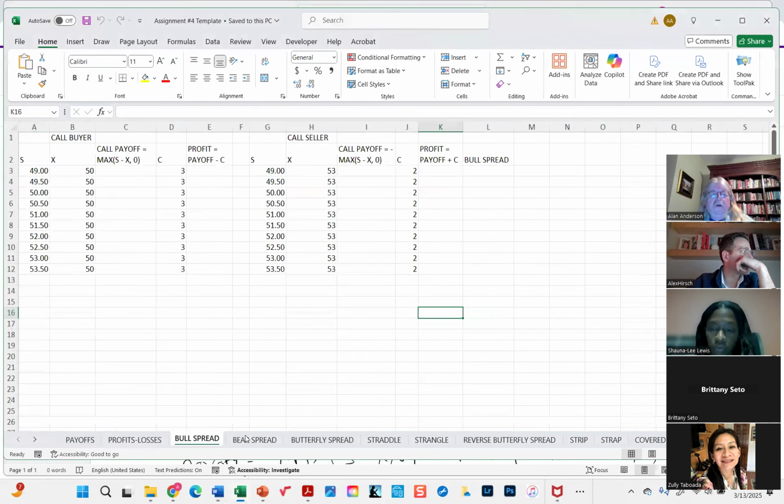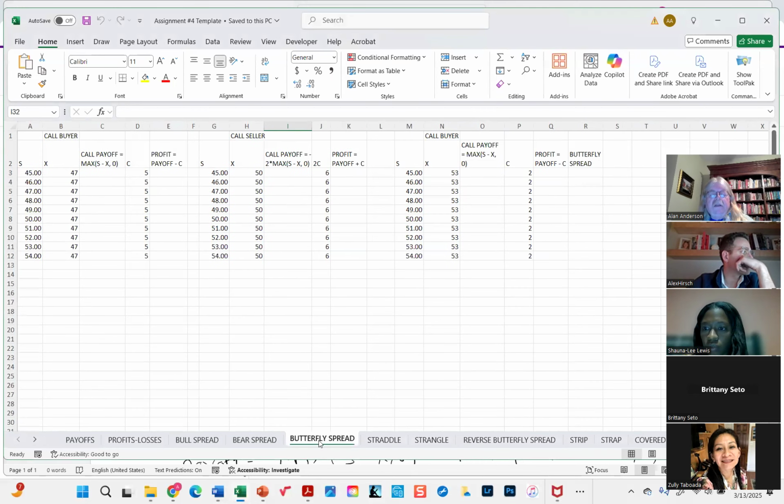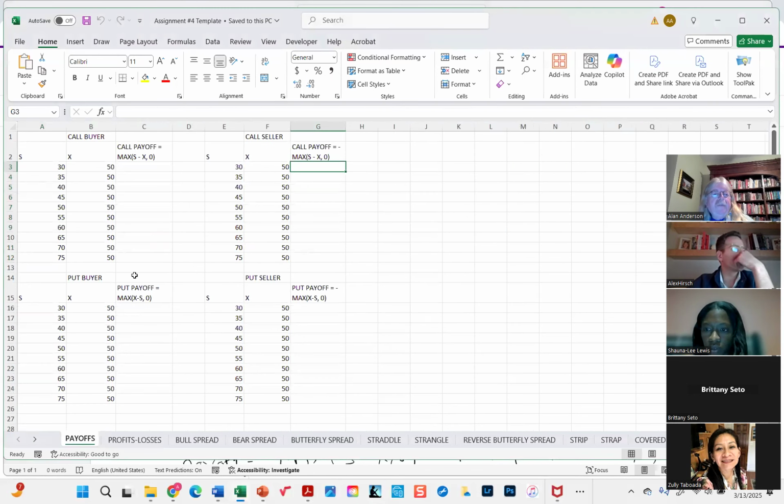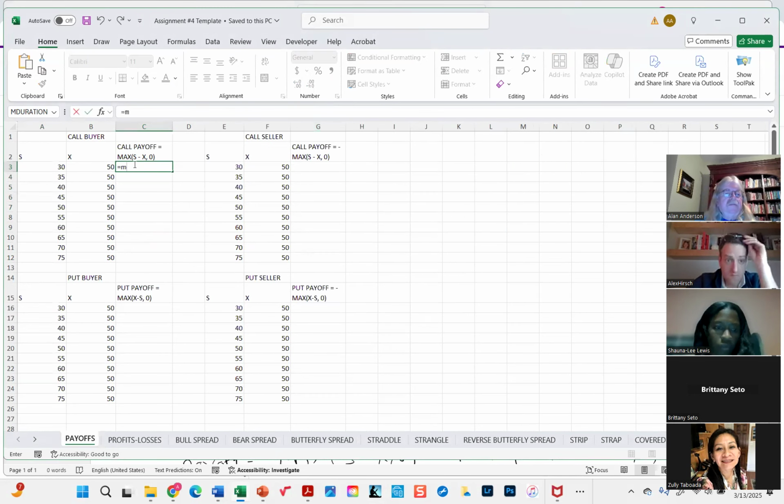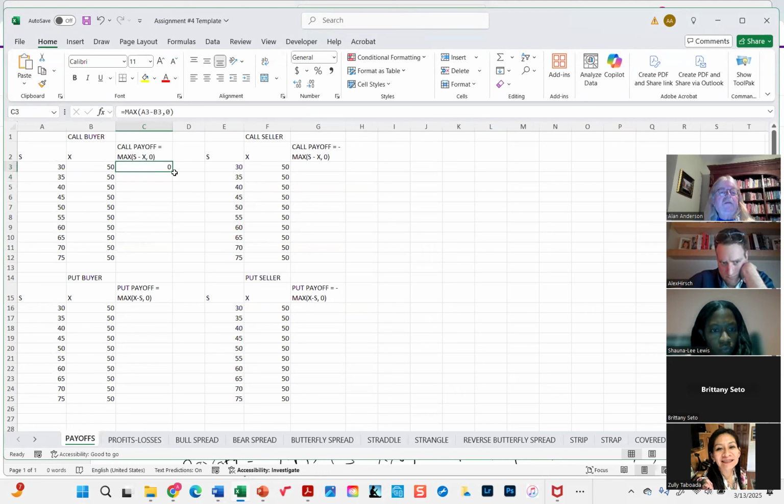And when you do that, ideally, you could also plot them in Excel. So let's say, for example, you just wanted to reproduce this one. The Excel command for maximum is literally just max. So you would fill it in.